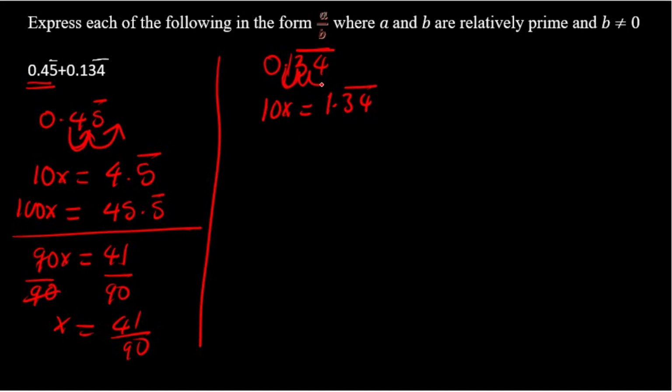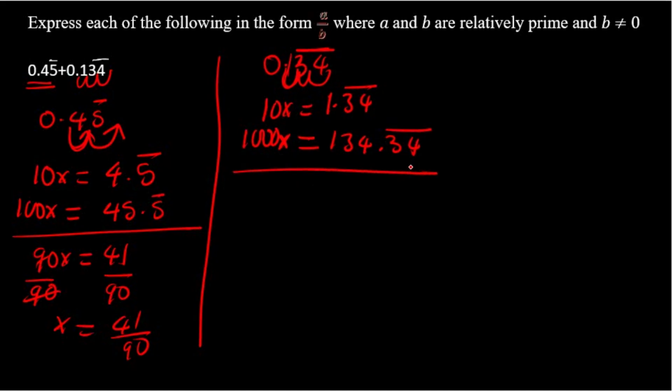Then behind the number that is repeating, 1, 2, 3, we have moved 1, 2, 3, so it is 1000x, which is 134.34. So what you do, you have to say 1000x minus 10x, which is 990x.